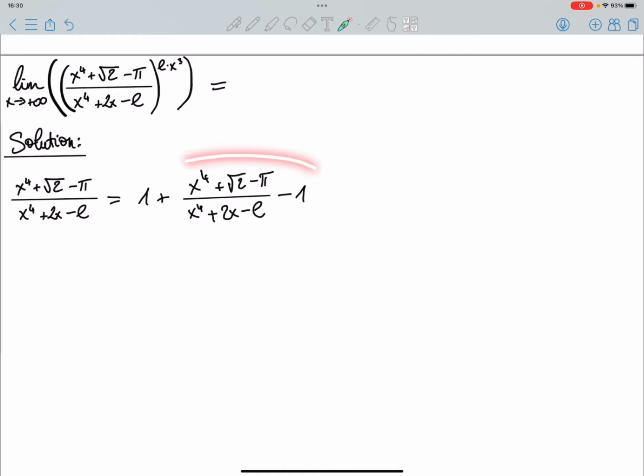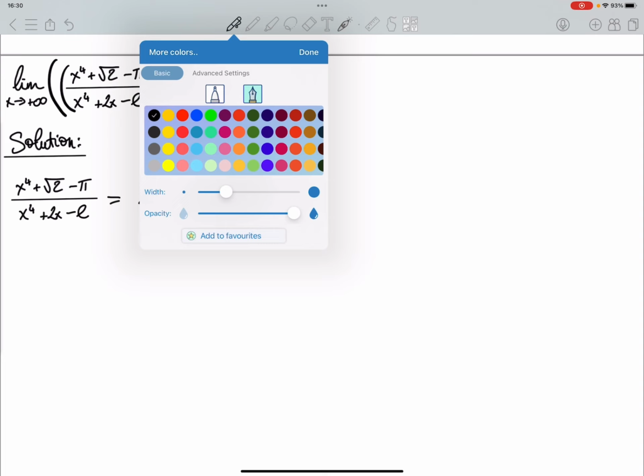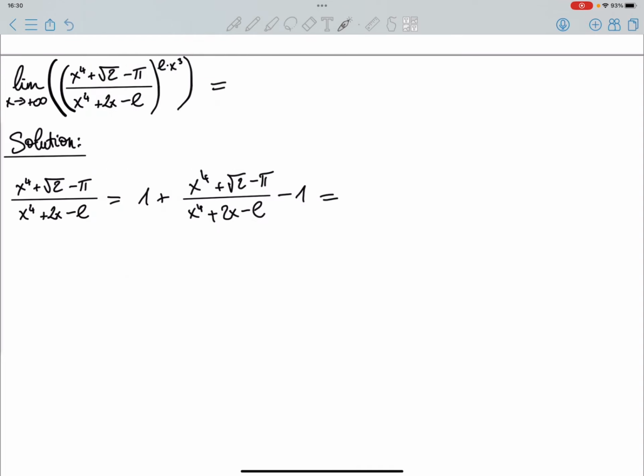Notice that this one here is the same as this, because if we cancelled out the 1, we would end up here, right? So we did it purposefully so that we can do something that's going to help us find the limit.